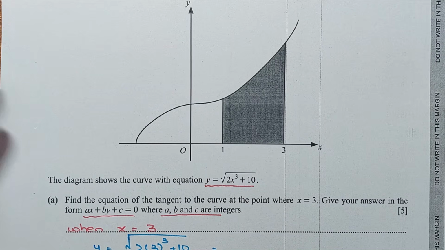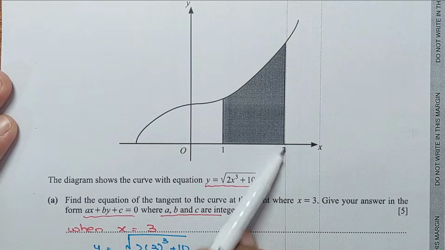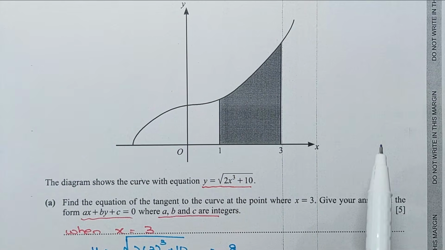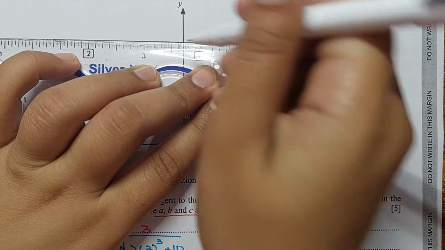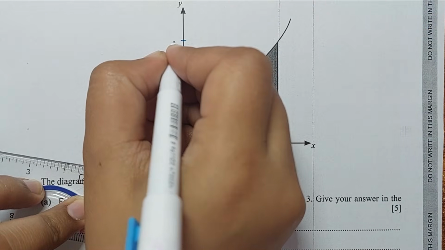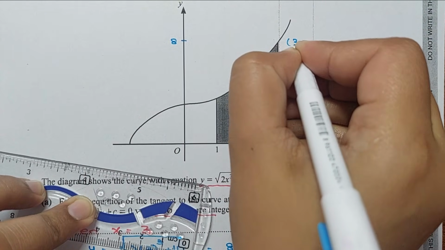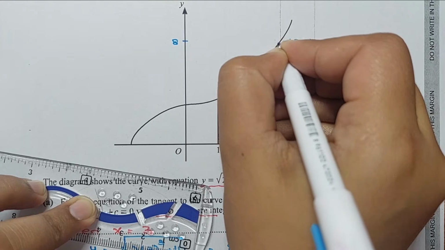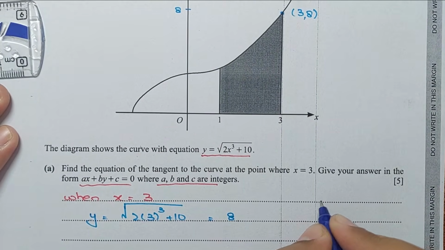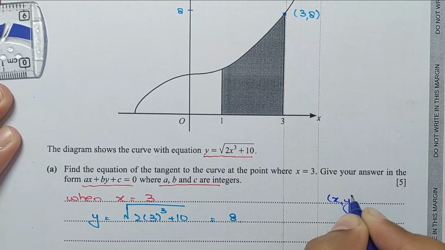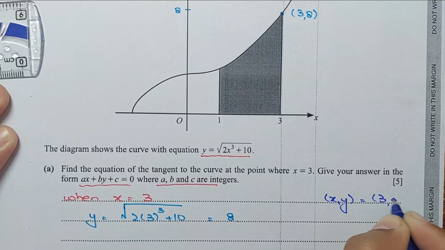This is basically plus or minus 8, so we have to pick positive 8 because on the curve, when x is 3, the y value is 8. We have to find the equation of the tangent at this point. So the coordinates of (x, y) are (3, 8).